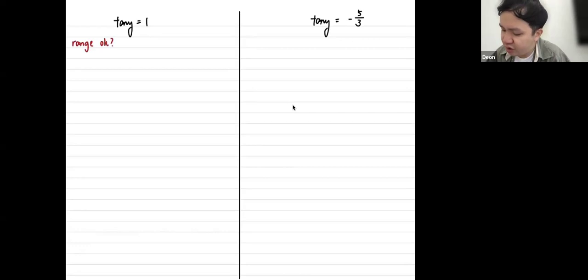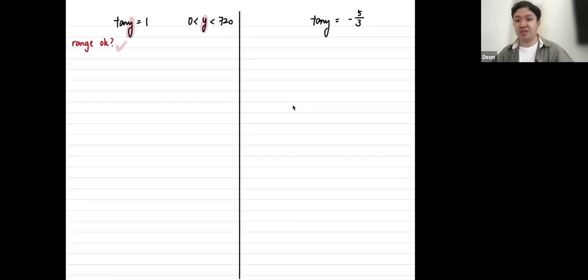So the range is 0 to y to 720. Let's check. Are my angles the same? Y and Y. Yes, they are okay. Because they're okay, I can move on. If they're not okay, later I adjust.